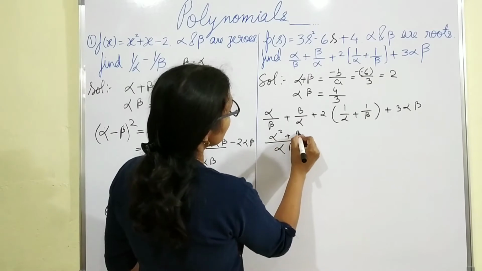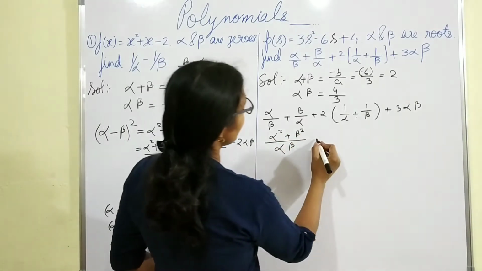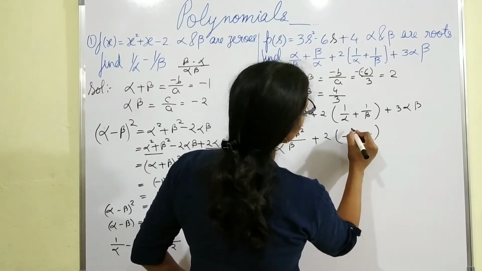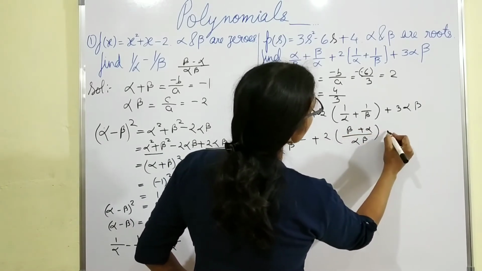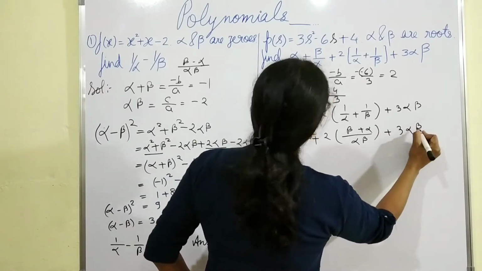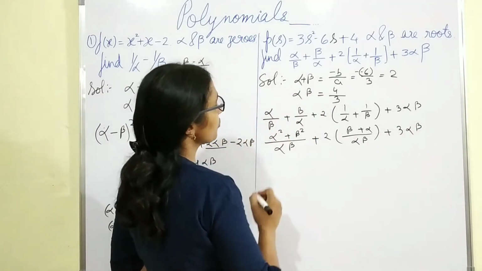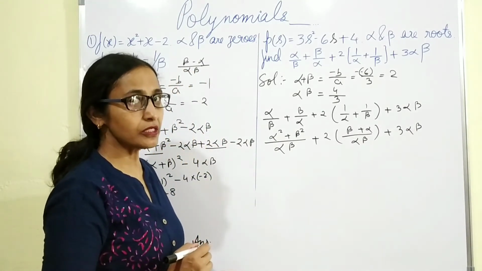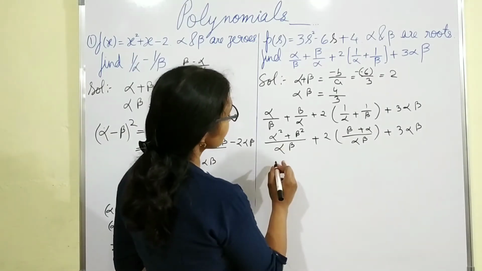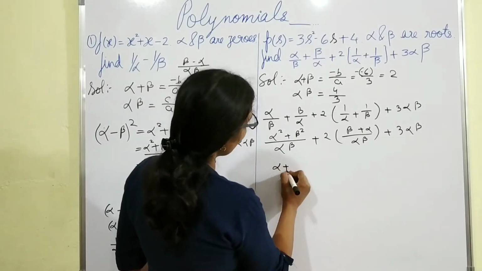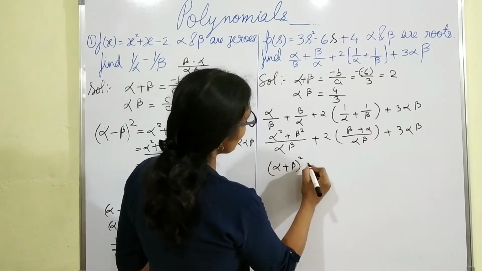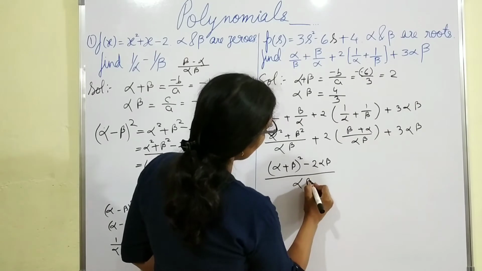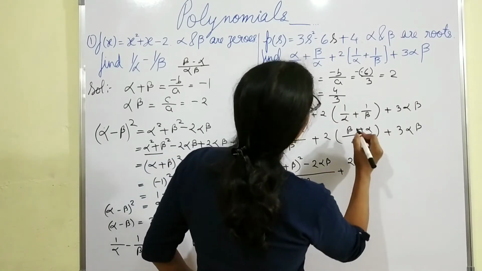Alpha square plus beta square equals alpha plus beta whole square minus 2 alpha beta. So, (alpha plus beta whole square minus 2 alpha beta) upon alpha beta plus 2 into the sum of the zeros.